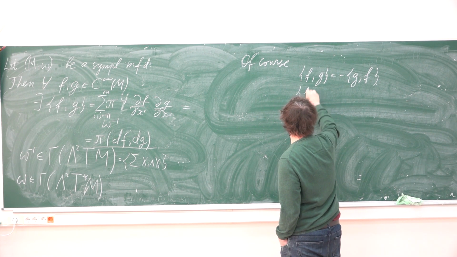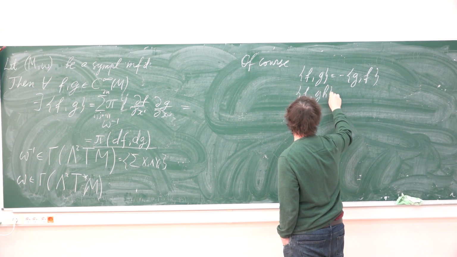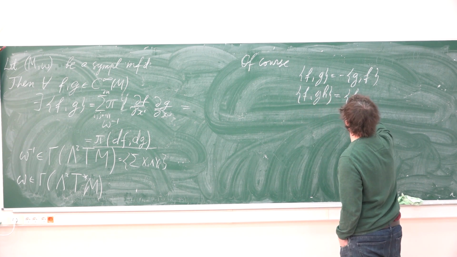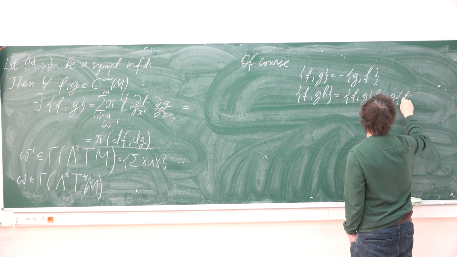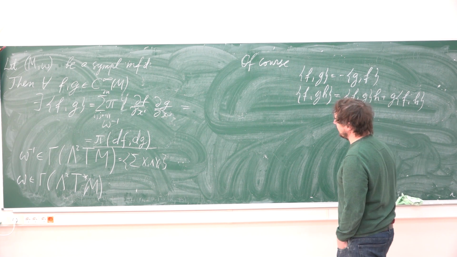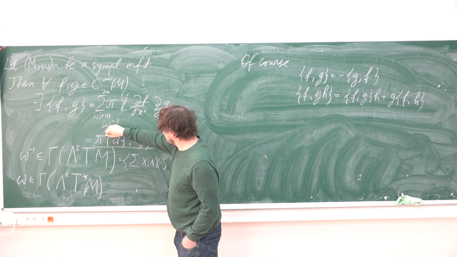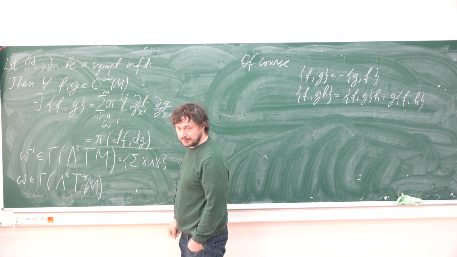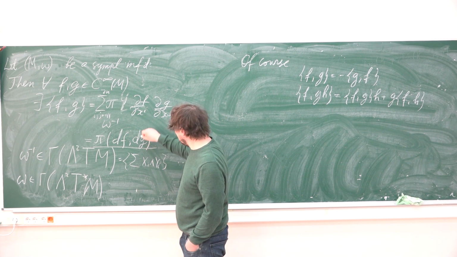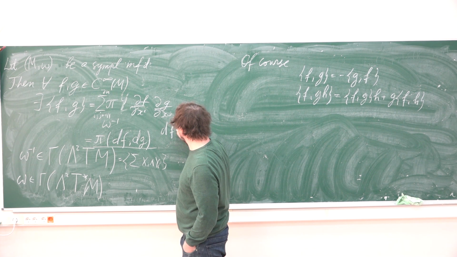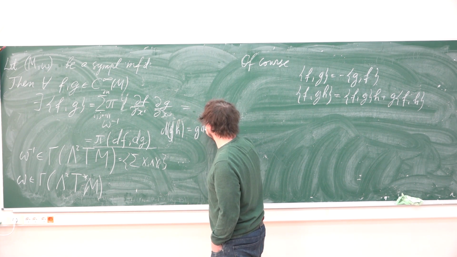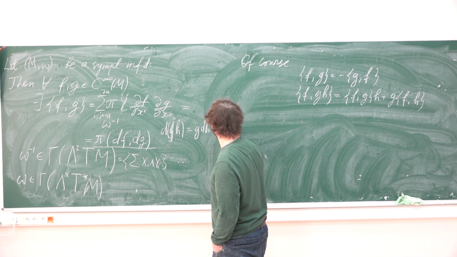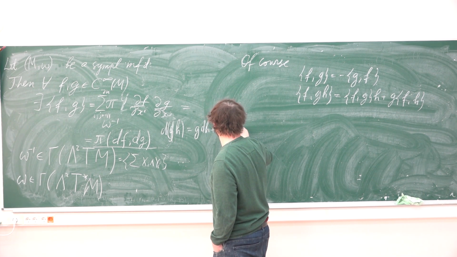But it also verifies the Leibniz rule, and that follows from the fact that this pairing is linear over functions, and the differential of the product is, by the Leibniz rule, equal to g dh plus dg times h.